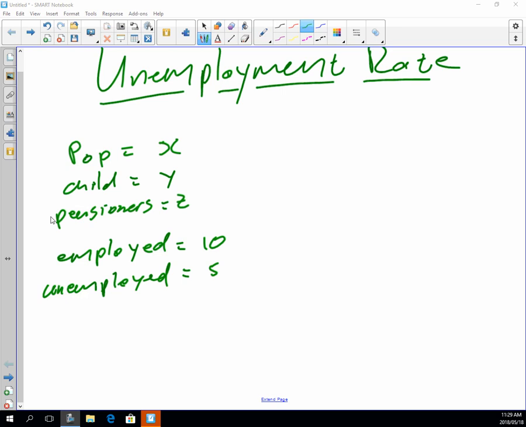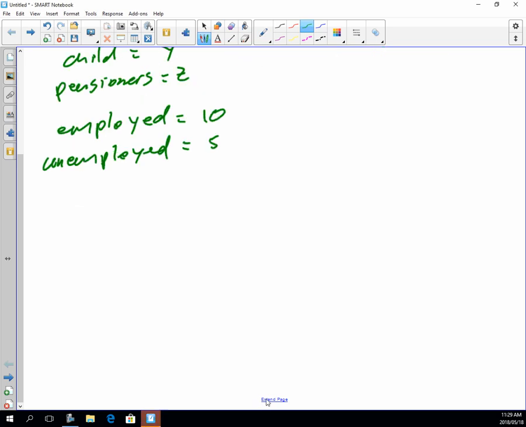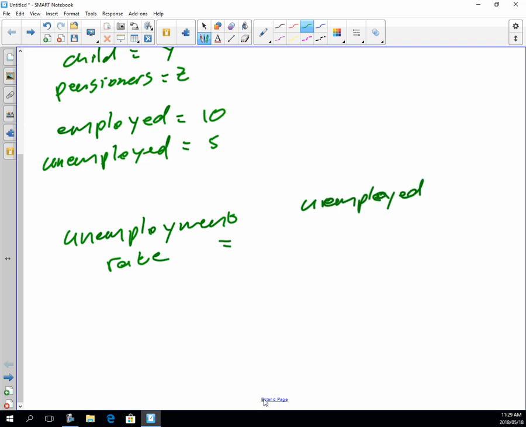What you need to do is you need to divide the unemployed. Your unemployment rate is equal to the unemployed divided by your employed plus your unemployed.